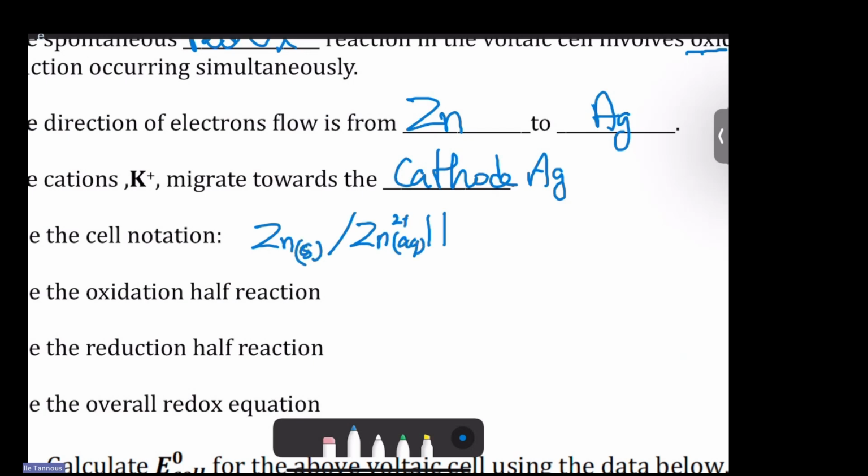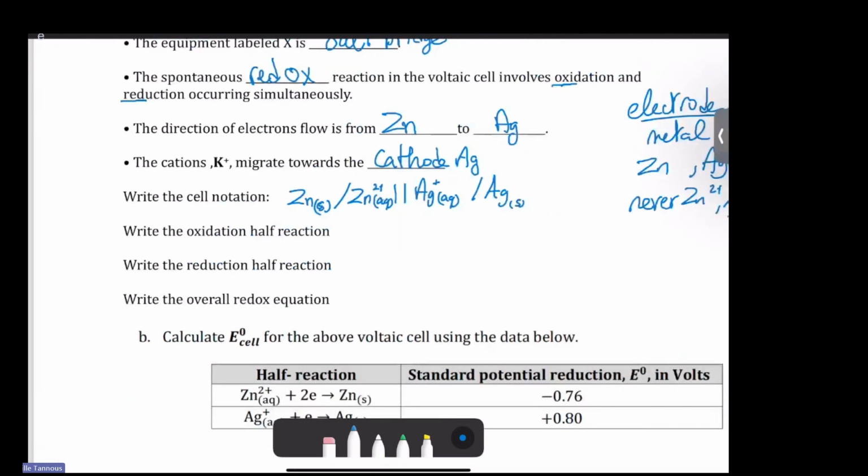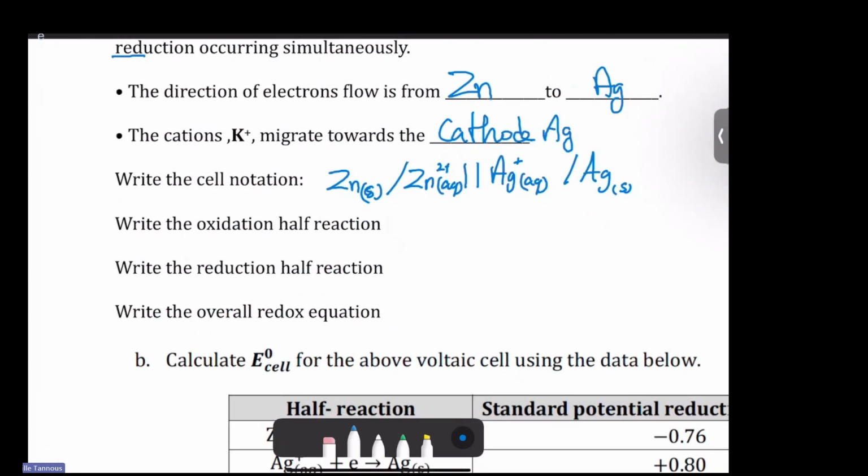And when the electrons reach the cathode, it's the silver that is catching those electrons to give solid silver. So the oxidation half reaction is the one over here: Zn going to Zn2+ and 2 electrons. And the reduction is the silver ion plus an electron changing into solid silver.